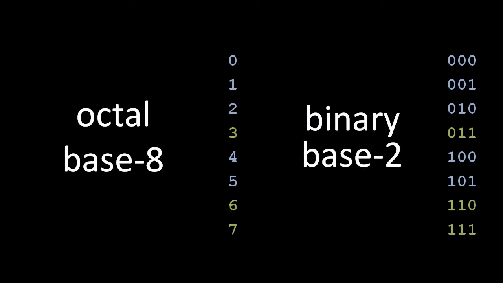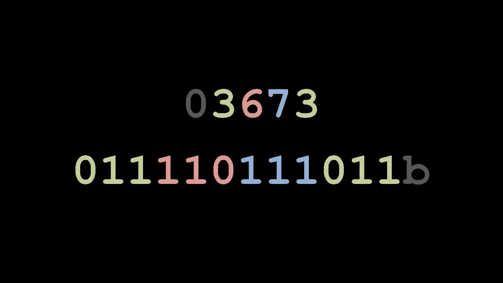When we consult our chart, we can see that octal 3 is equivalent to the digits 011, octal 6 is equivalent to the binary digits 110, and octal 7 is equivalent to the binary digits 111. If I plug these facts together, I can quickly see that octal 3673 is equivalent to binary 11110111011.